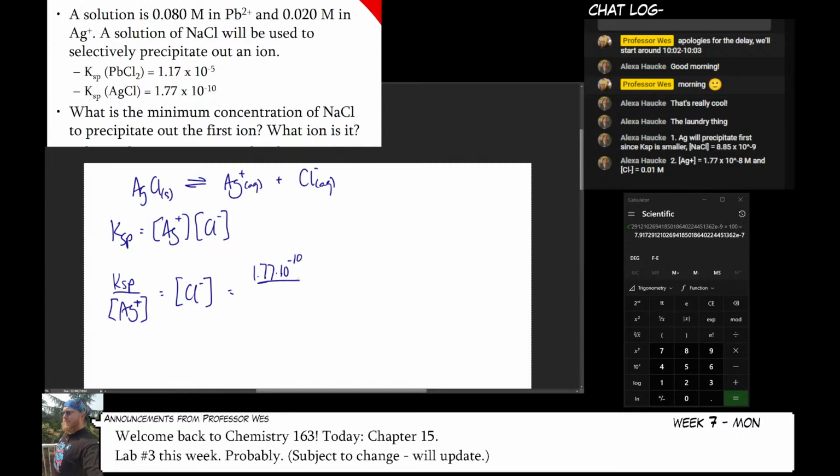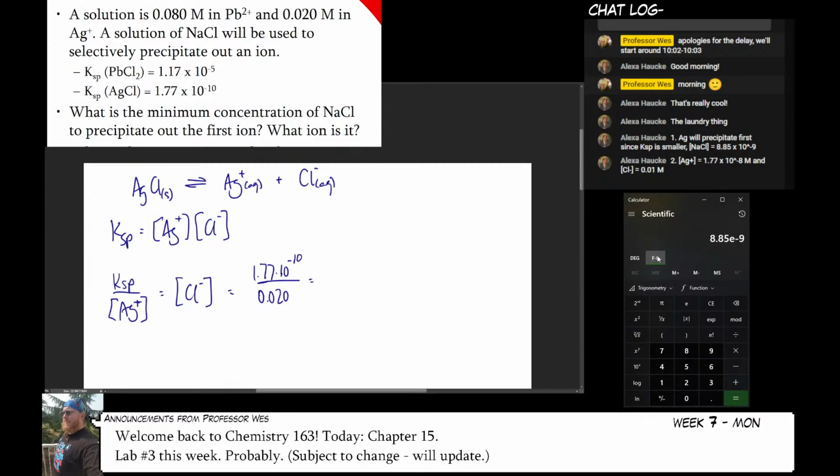It's just a little too tiny for me to read this. I can make this bigger, though. Yeah, there we go. And then what is the amount of silver that we have in here? 0.020. I don't even need a square root, so this is everything that we have. Divided by 0.02.